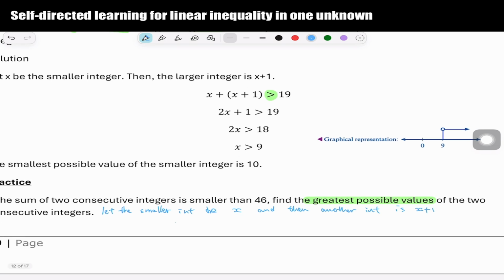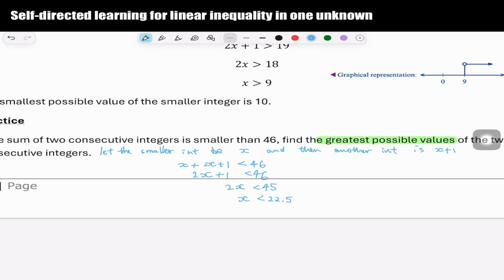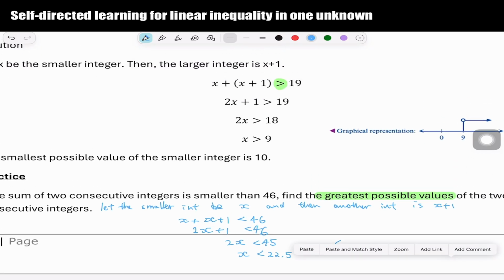So we know x plus x plus 1 is going to be less than 46. So we got 2x plus 1 less than 46, 2x is less than 45, x is less than 22.5. Which means now when we draw the graphical solution, 22.5 pointing to the left, 0 here.